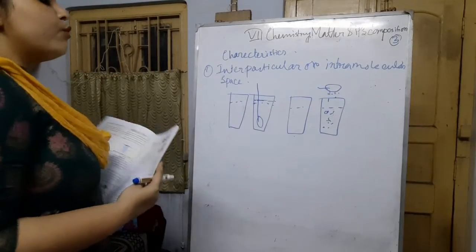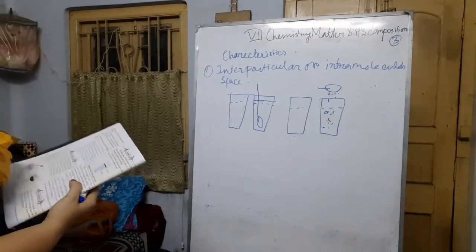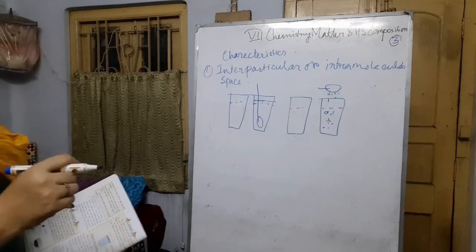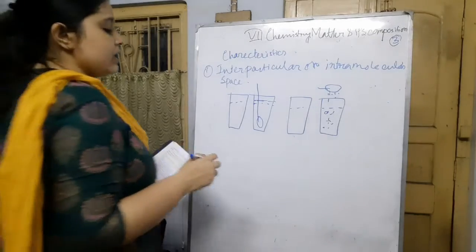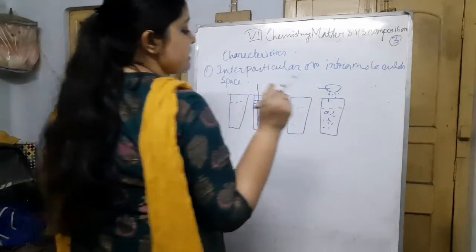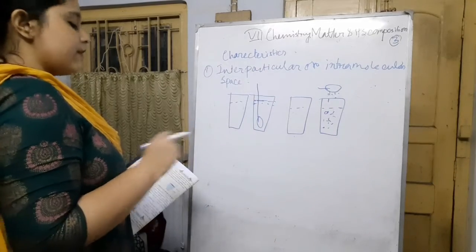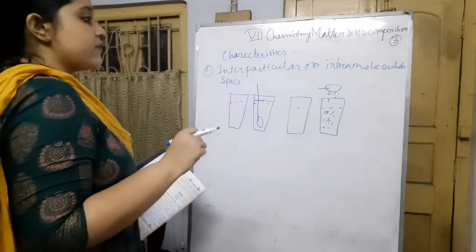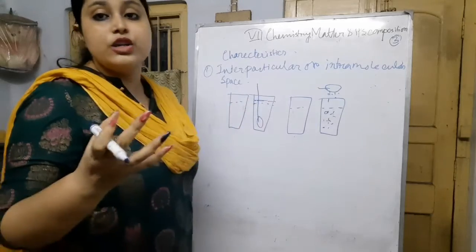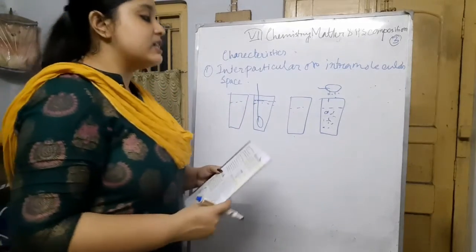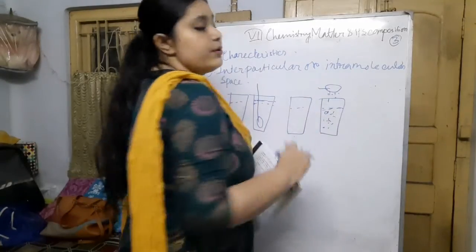When the sugar particles disappear, being so small, they get adjusted between the water molecules. They occupy the intermolecular spaces present in the water, and that is why the water level does not rise.